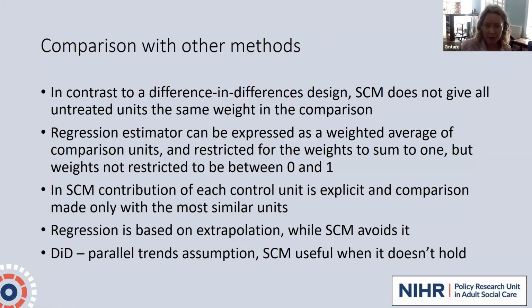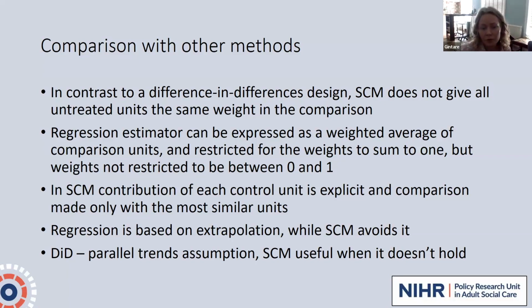In contrast to the difference in difference design, the synthetic control method does not give untreated units the same weight for the comparison unit. Normally, the regression estimator can be expressed as a weighted average of comparison units and restricted so the weights sum to 1, but normally it cannot be restricted so the weights are between 0 and 1, which the synthetic control method does.